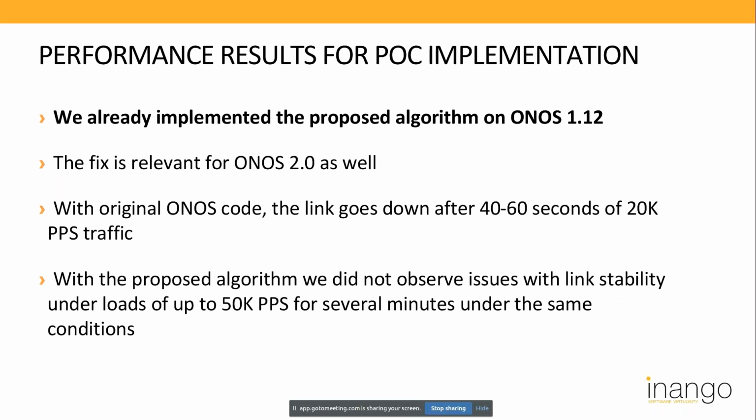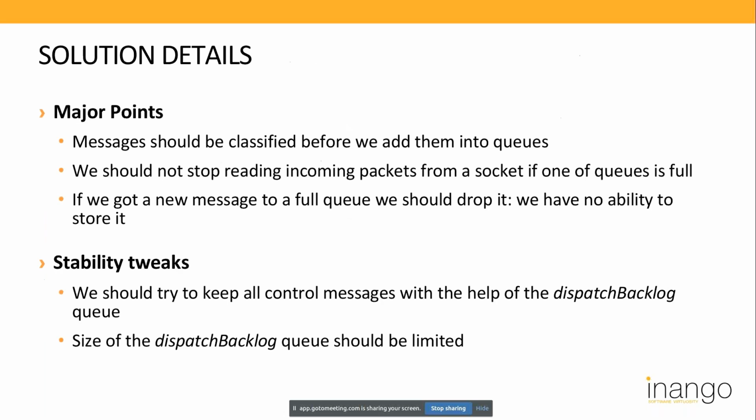About performance, we already tested our proposal on 1.12. Hello, can you go back just one slide? A couple of questions. You're proposing to drop the newest packet as opposed to drop the oldest packet. Do you see configuration options around both, say queue size? Yes, we suggest to allow configuring everything, and I mention it later.